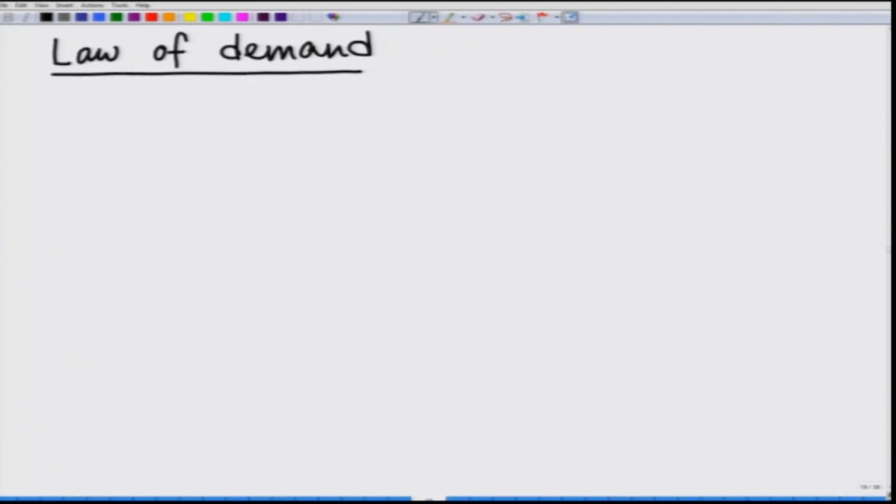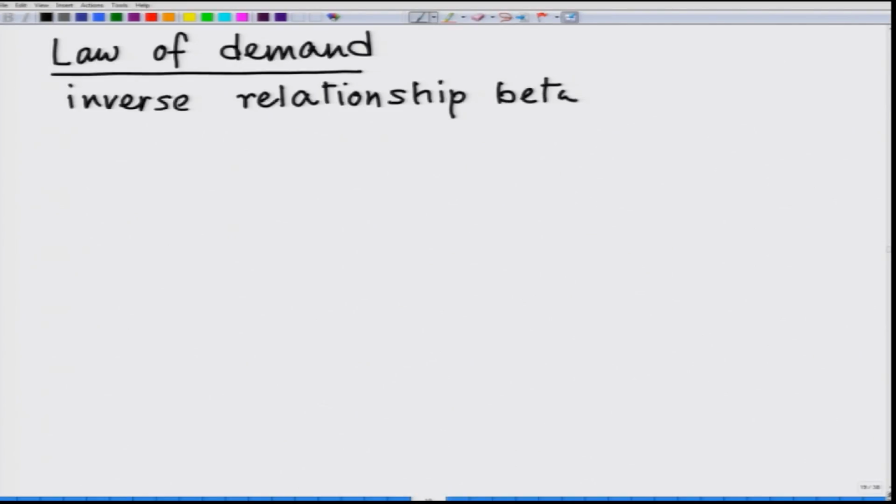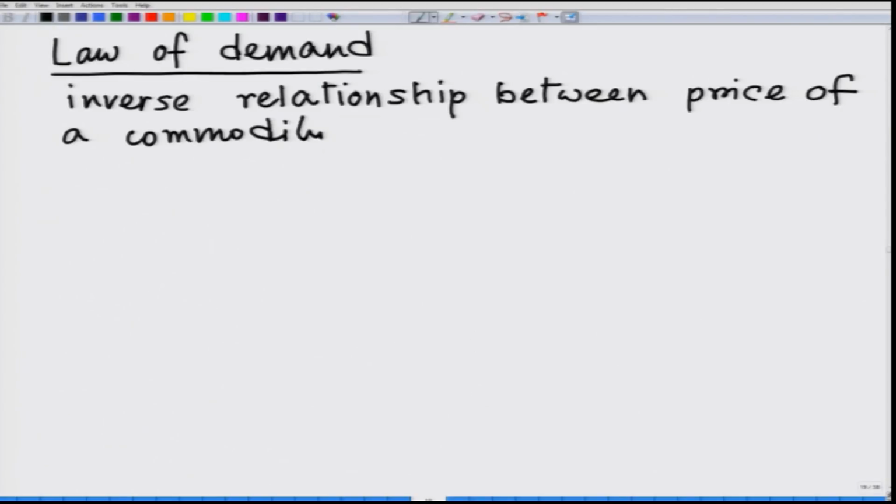So, we have seen that there is an inverse relationship between the price of a commodity and quantity demanded, and that is why we get downward sloping demand functions, right.